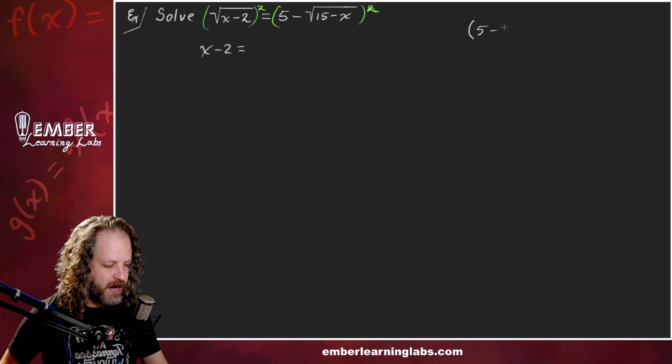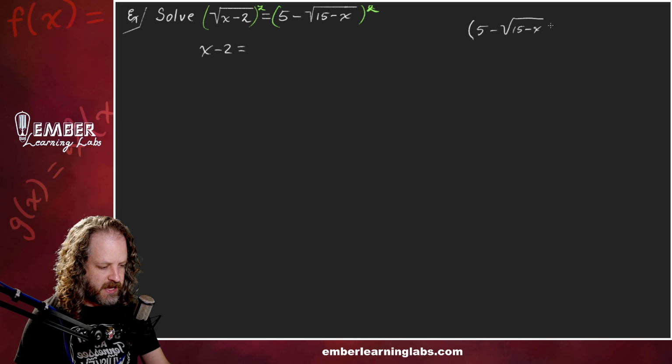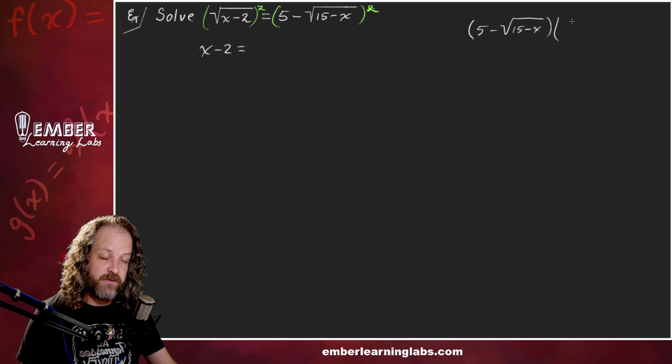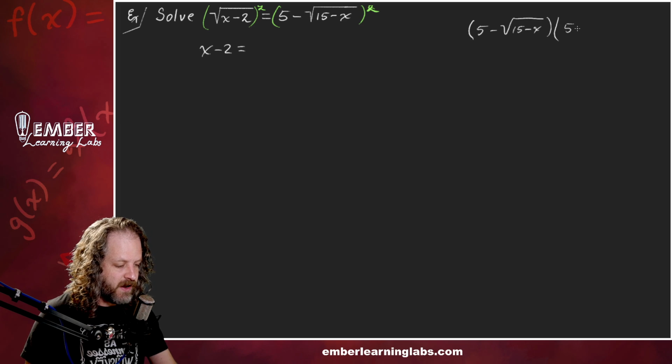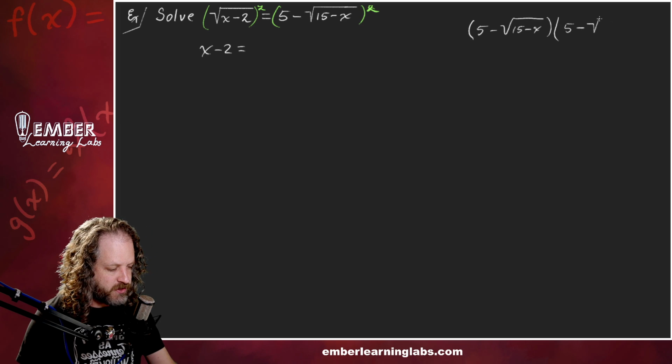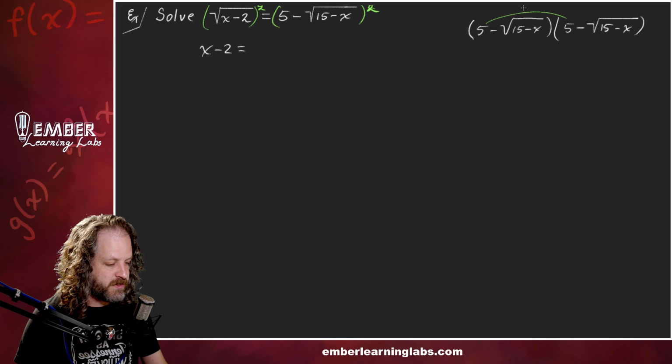So we've got 5 minus the square root of 15 minus x times itself, right? That's what squaring does. 5 minus the square root of 15 minus x. And then we've got to FOIL it. First, outside, inside, last.